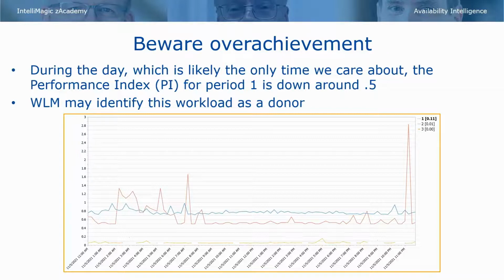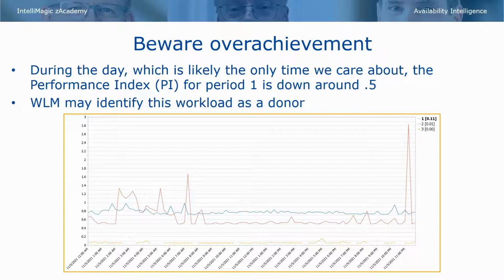That means you've only asked for a certain goal and you're just doing way better than that goal. So I can steal from you and you'll still make your goal, so you won't complain. Now, you can artificially protect this by using, say, the CPU critical option, for example. But the more you do that, the more you really interfere with the natural process of WLM doing its job with measuring workloads, meeting goals, donor, receiver.